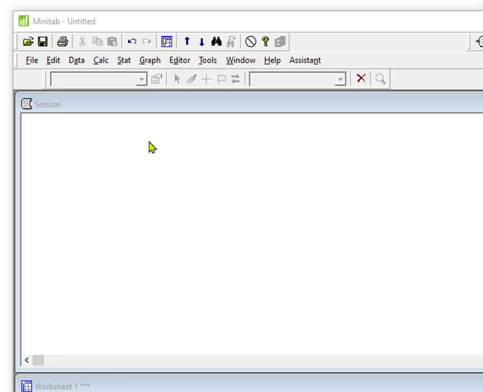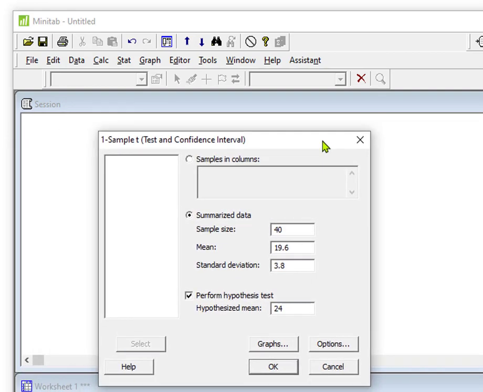Now when I take the one sample t, I get a new menu, and I've got to fill out some things on it. We're not doing samples in columns; we have summary data this time, so the radio button would be summary data. What's our sample size? This was a sample of size 40. What's our mean?